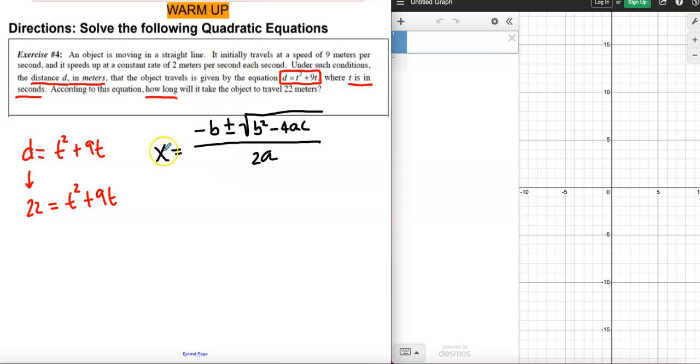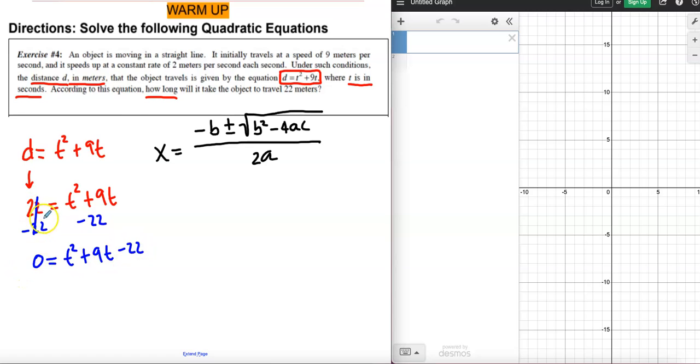Alright, so we're going to first identify the a, b, and c. But before I can do that, I have to make sure that I have 0 on one side. So I have to subtract 22 from both sides of this equation. This cancels out, and now I have 0 equal to t squared plus 9t minus 22.